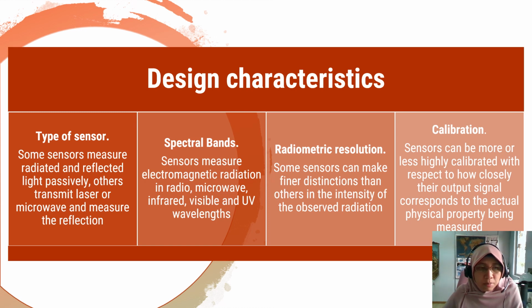First is the type of sensor, where some sensors measure radiated and reflected light passively, while others transmit laser or microwave and measure the reflection. The spectral resolution is the wavelength of the different frequency bands recorded. Usually this is related to the number of frequency bands recorded by the platform. Typical images are captured in panchromatic, multispectral and hyperspectral form, which will be explained later.